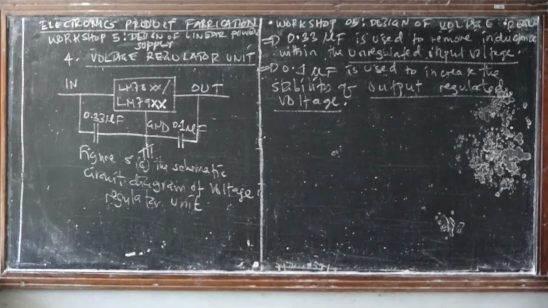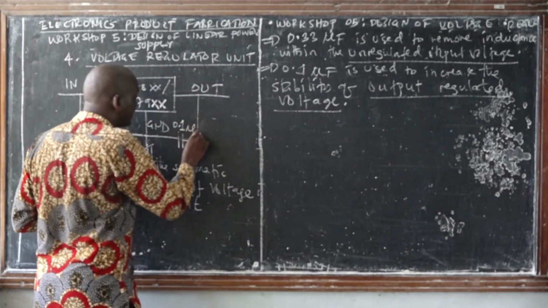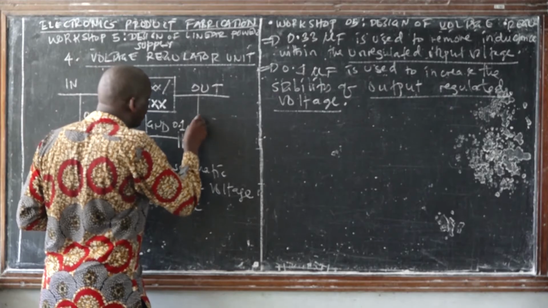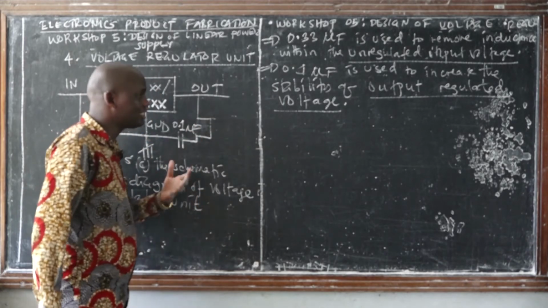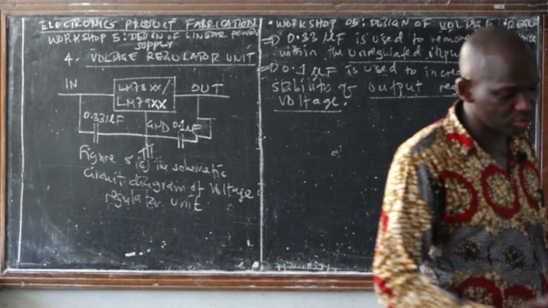Okay? Good. So I've given you some information about the voltage regulator. It doesn't mean that this is all about the voltage regulator, but at least you have a foundation. Ask questions about what you have learned.